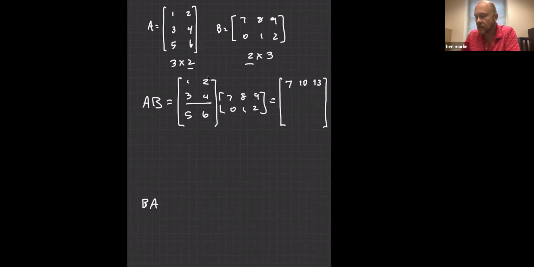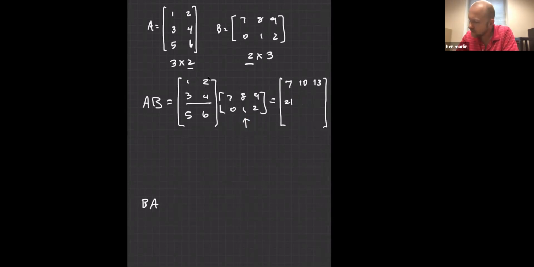And that means we're going to get on into the second row in the result there. So 3, 4, dot it with 7, 0, and you'll get 21. And then dot it with 8, 1, and you'll get, let's see, 24 plus 4 is 28.